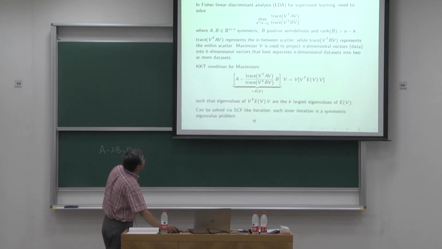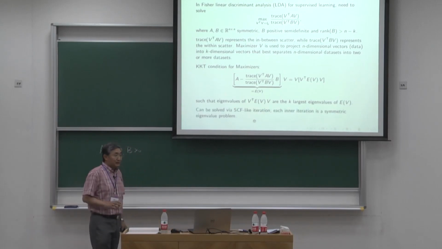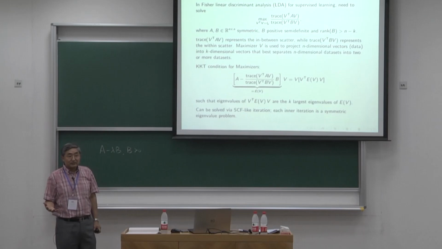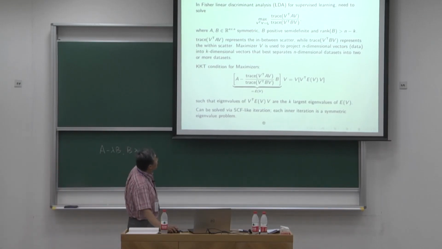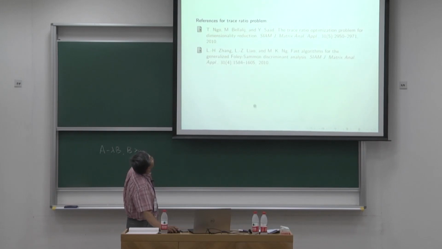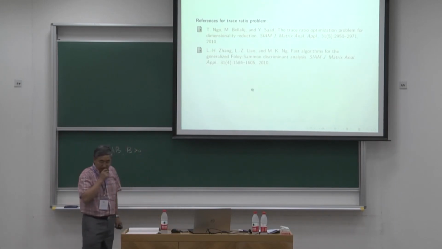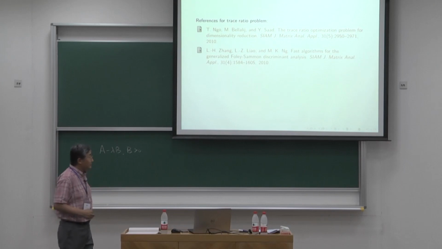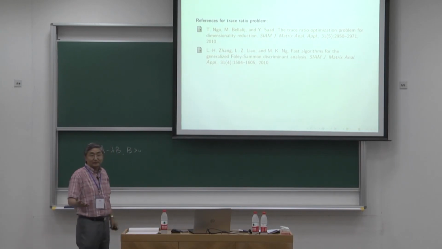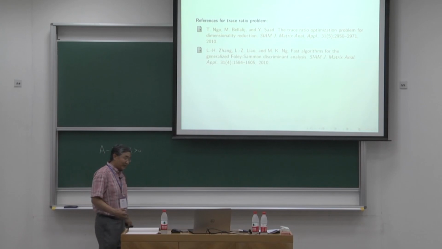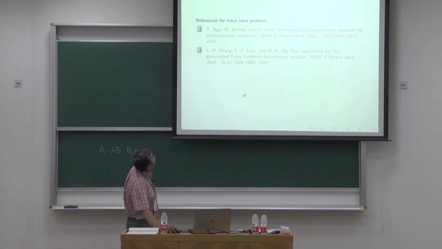Those are the two examples that appear quite often in the literature recently. You can go online and Google them. There are two references for trace ratio. The first paper was actually selected as one of the best papers in SIAM in the last 3 years.